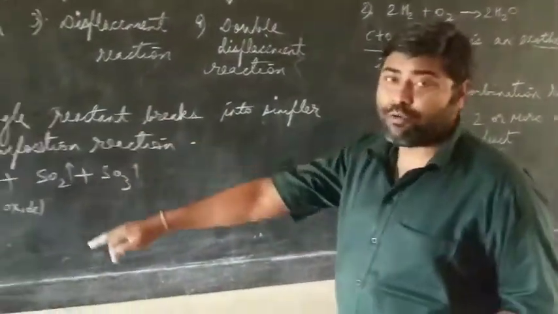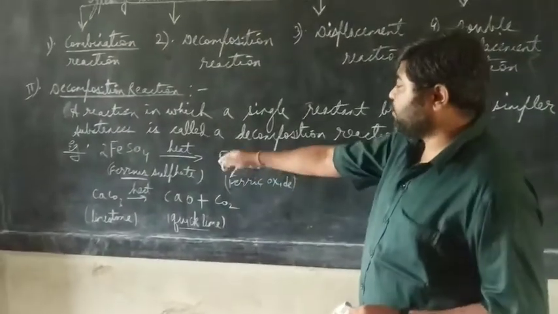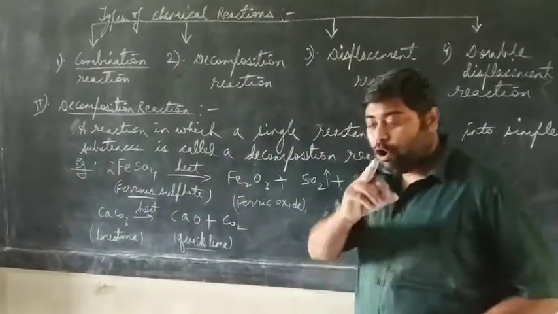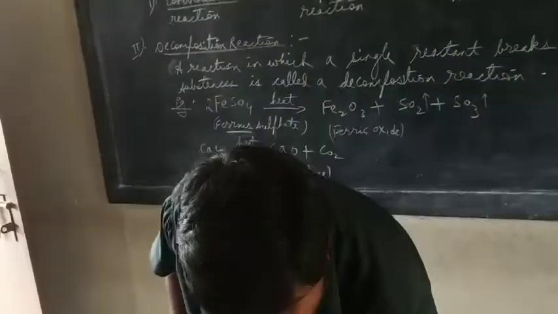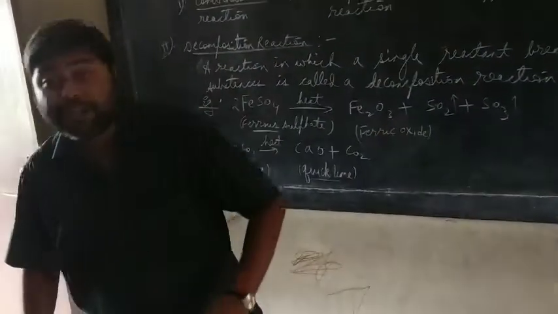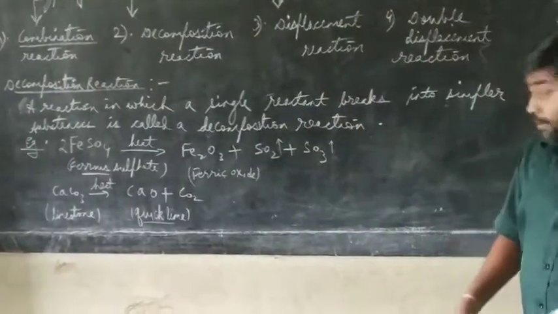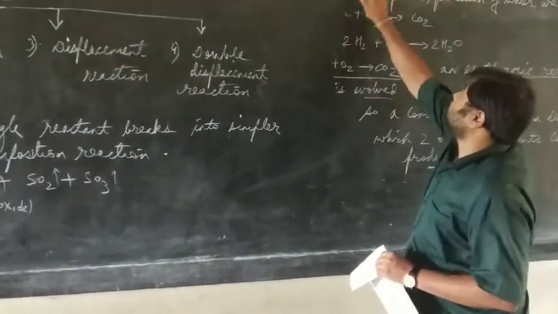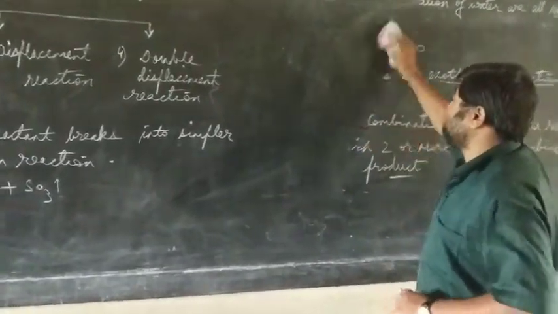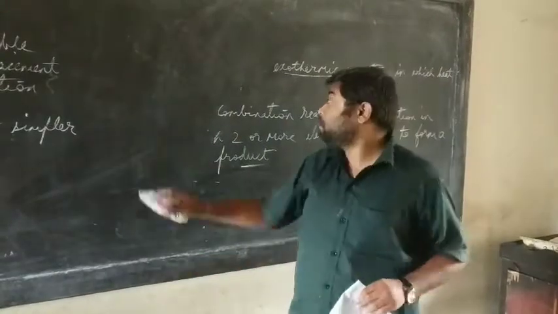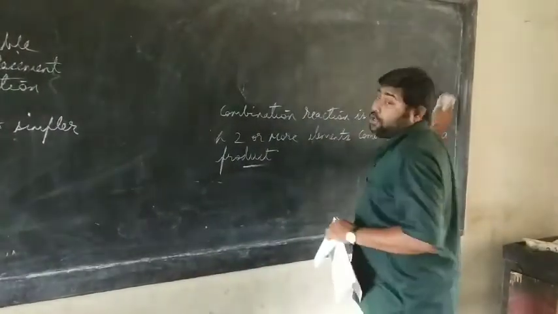You can see here, students, that in both the reactions, heat is the common factor. That means the decomposition is taking place with the help of heat. So such decomposition reactions are called thermal decomposition.